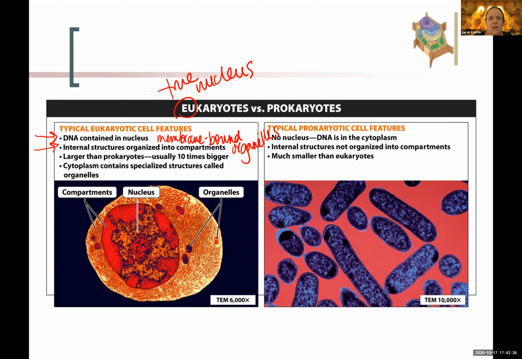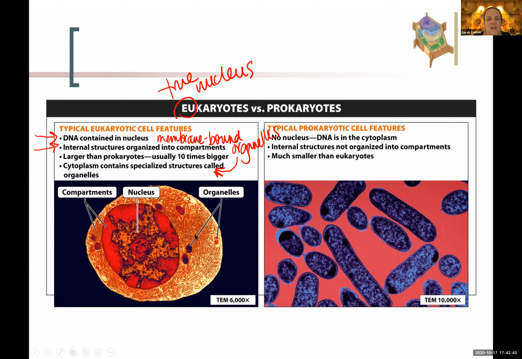They're larger and, oh wait, that's referring to that, but whatever. They're generally larger, they're generally more complex, right? So see all these different compartments and all this stuff in here, right?